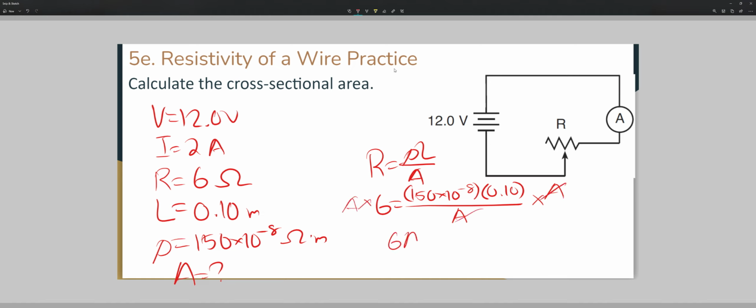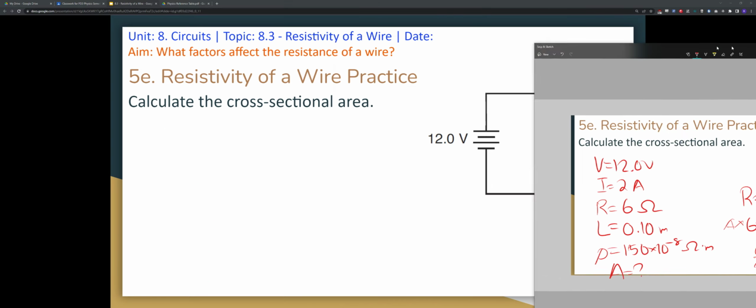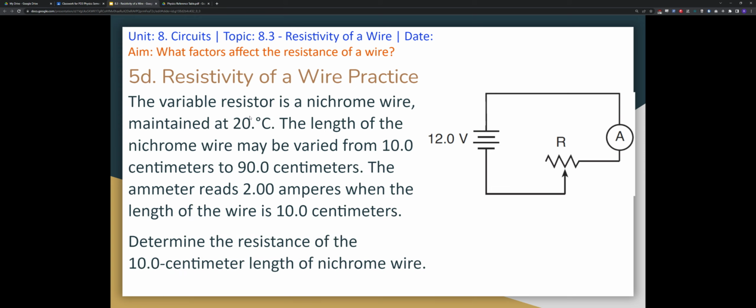We get 6A, and I'm really just going to simplify the numerator. 150 times 10 to the negative 8 times 0.10 is going to give you 15 times 10 to the negative 8. Divided by 6 on both sides, A gets me 2.5 times 10 to the negative 8. And the unit for area is meters squared. So that is going to be my area. All right, that's that.